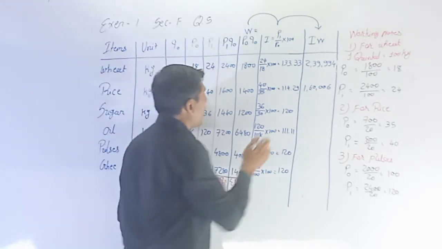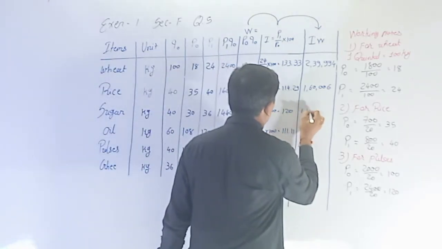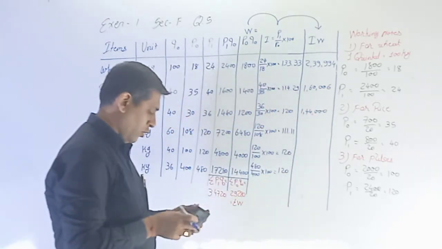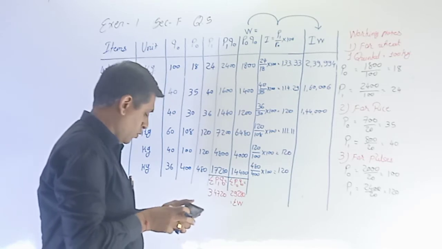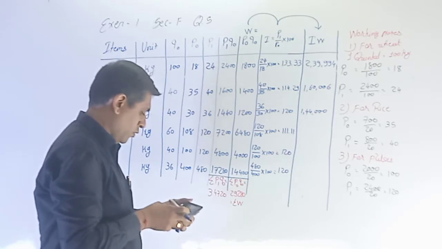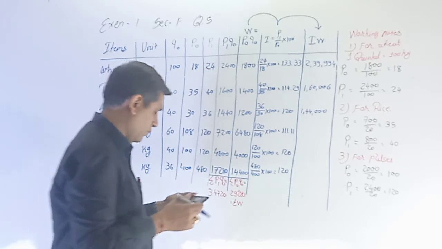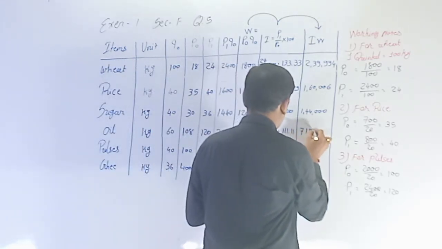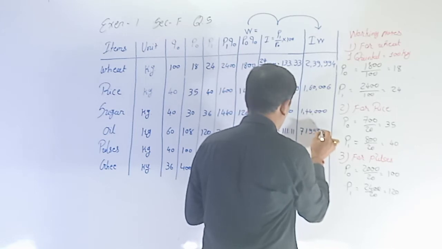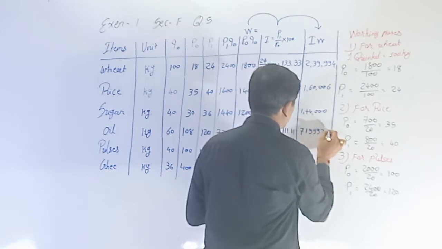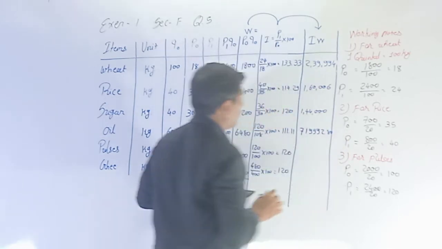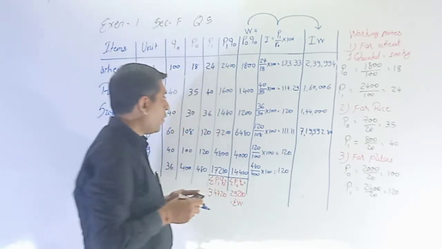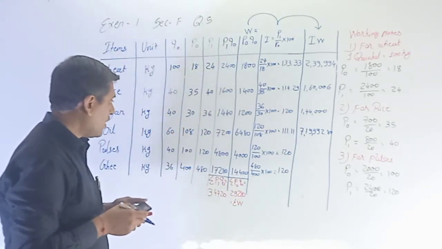Then 120 into 1200, then 6480 into 111.11, that is 7,19,992.80.